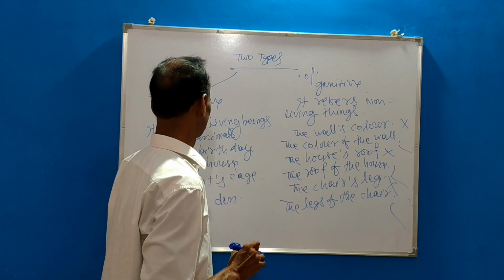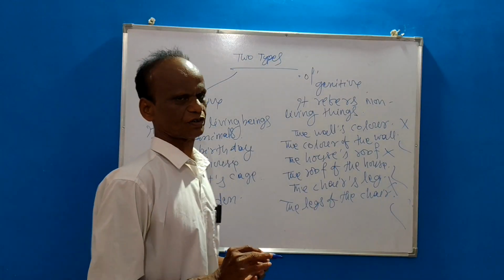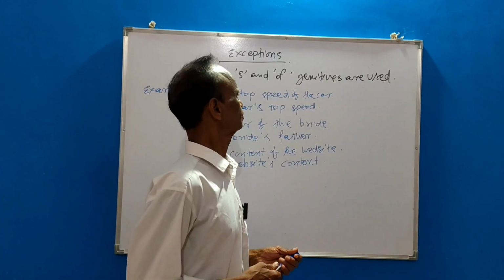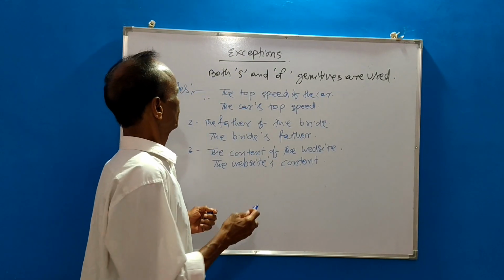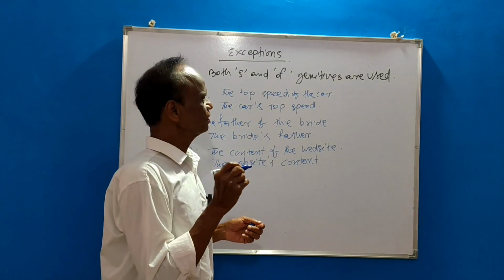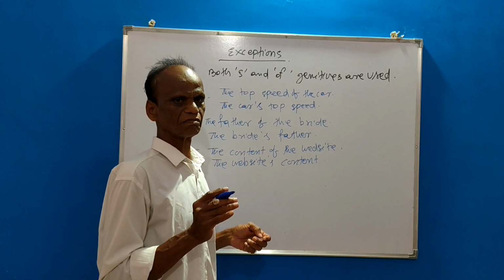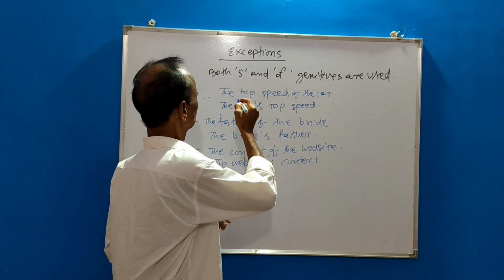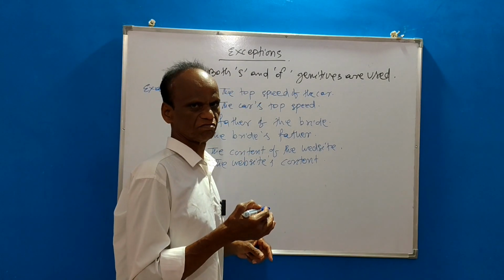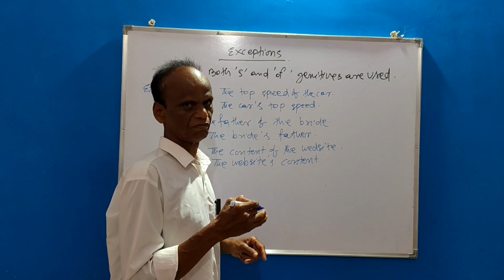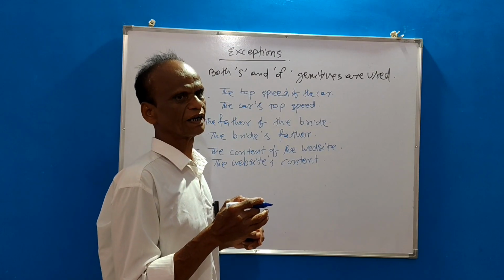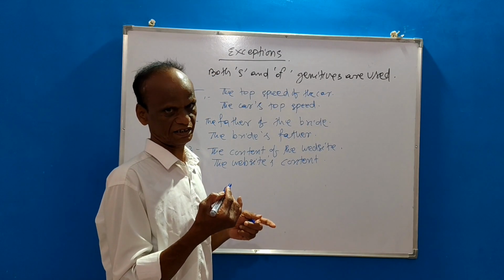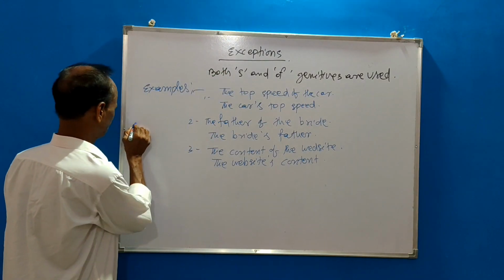Okay? Then, next, there are some exceptions. S genitive and of genitive. We use both S and of genitive when it refers to humanized things. Okay?